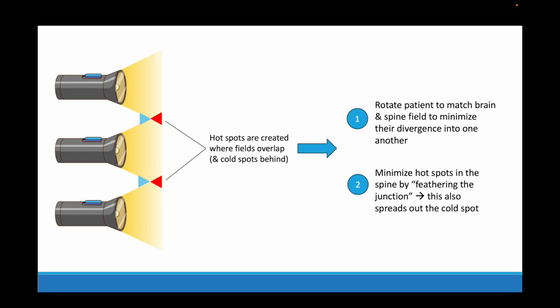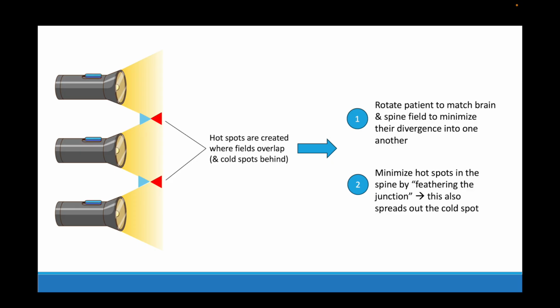So what we can actually do is minimize the area of those hot spots by what we call feathering the junction. That means every few treatments, we actually move the match line of these beams by about 5 to 10 millimeters so that we actually spread out the hot and the cold spots. It helps to create a more homogeneous field, right?